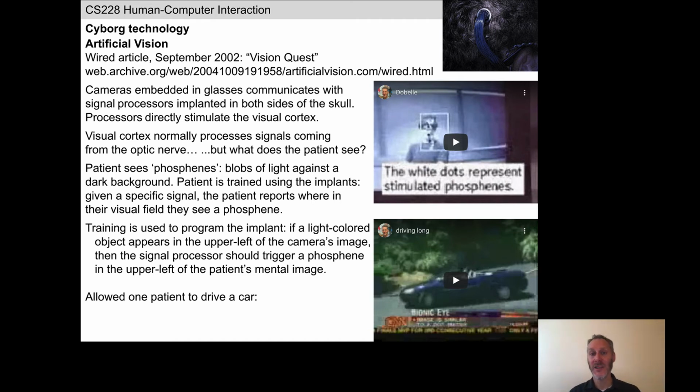So like we've seen several times in this course, we're using machine learning to tune the translation from, in this case, a visual signal into electrical stimulation supplied to the visual cortex. And we're tuning that machine learning algorithm so that there is a closer one-to-one match between what's going on in the outside world and what the human subject reports that they see.